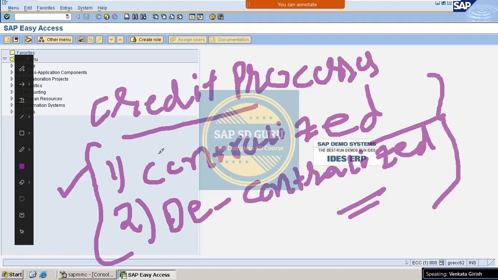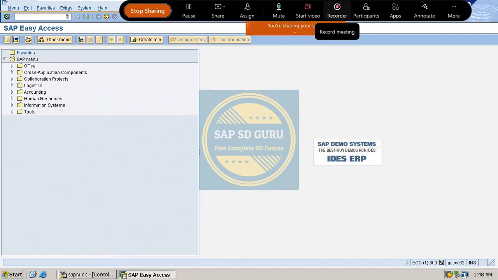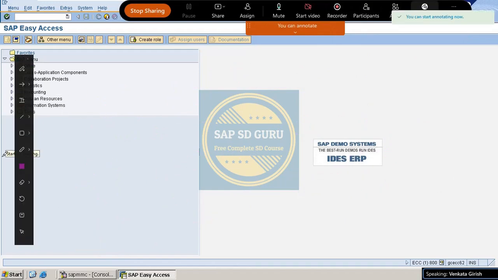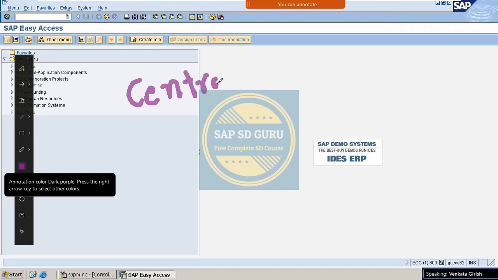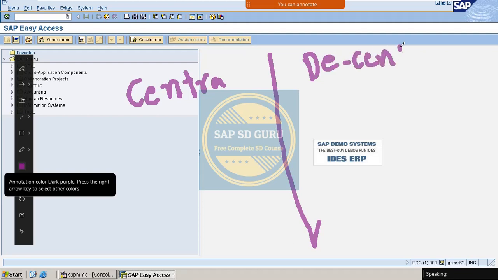I will explain by taking a diagram. This is the centralized one, and this is the decentralized one.